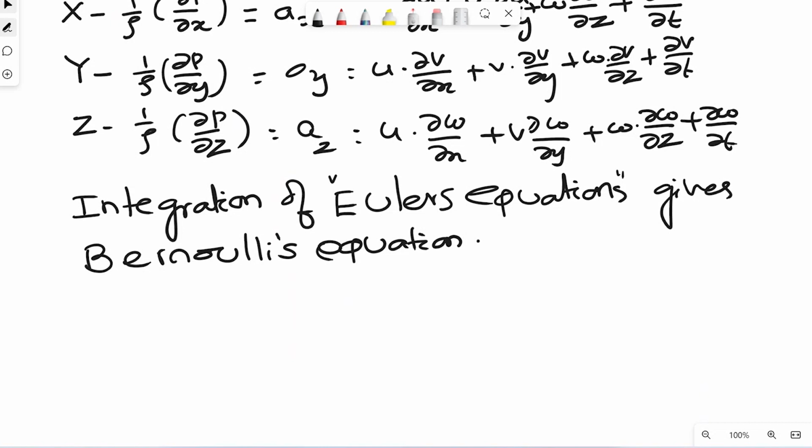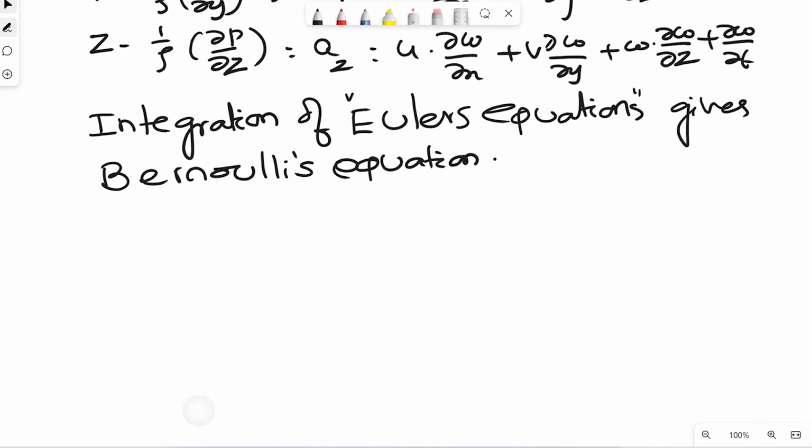Now, before going for that integration, if you see the equations, in x, one term is 1 by rho dou p by dou x, and on the right hand side u dou u by dou x, v dou u by dou y, w dou u by dou z, dou u by dou t. So if you see the entire equation, except X, all others are in differential forms. So if you can get X also in terms of a differential form, then integration will become easy.